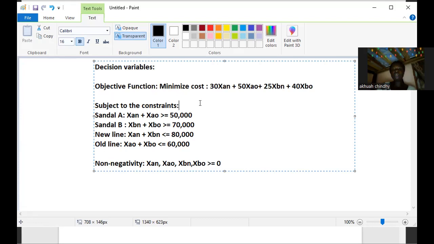You know the limitations, the resources that are limiting them from producing as many as they want. That is your constraints. As these variables and the contributions are subject to the following constraints. And for the constraints, you have to deal with each and every figure you find in the question. Make sure there is no figure left, else you are not done.